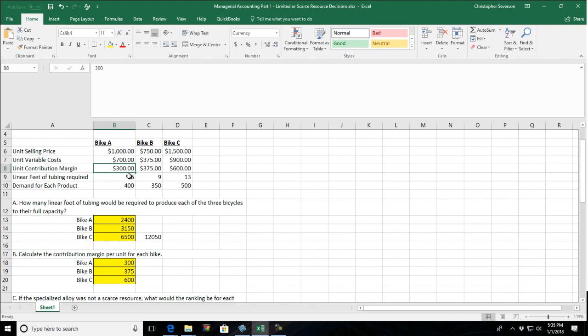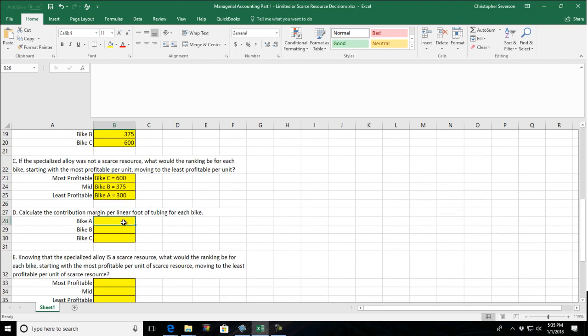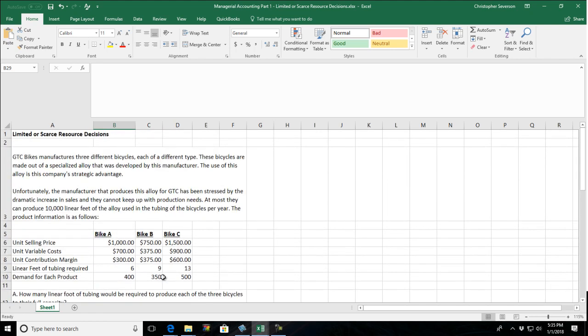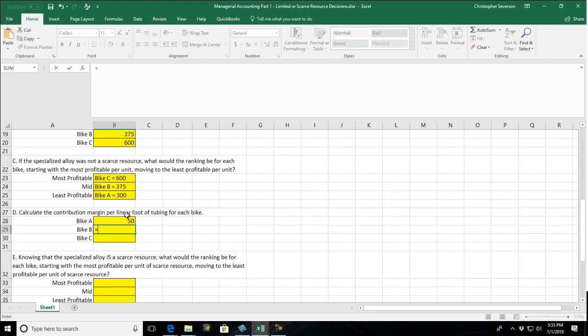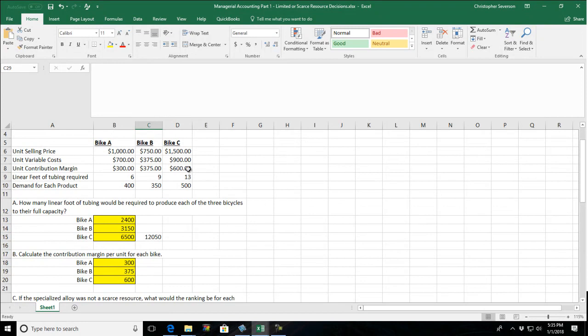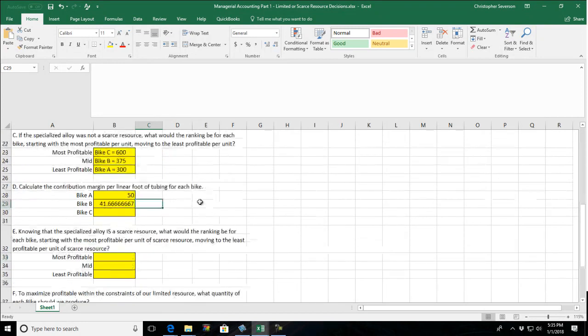So 300 divided by 6 for bike A is $50 of contribution margin per linear foot. Now bike B was 375 divided by 9. So that's $41 and about 67 cents. Bike C is 600 divided by 13.